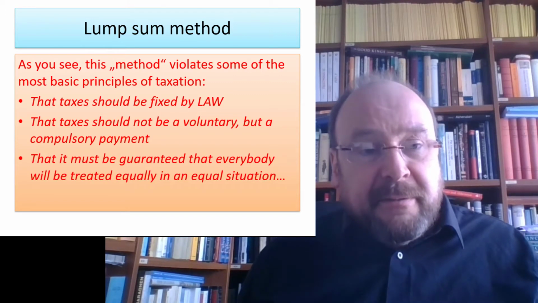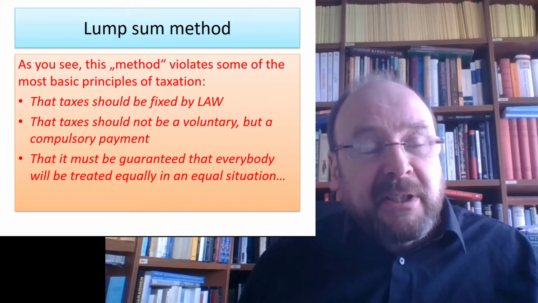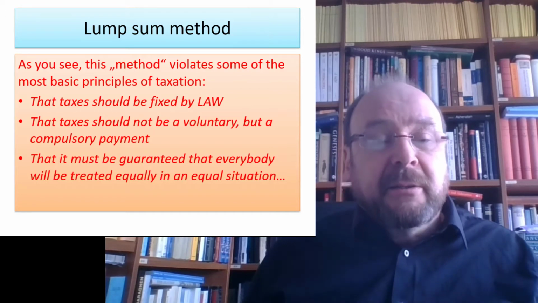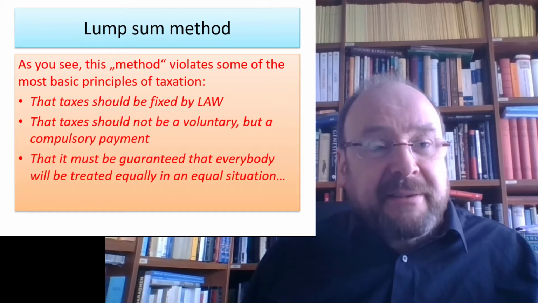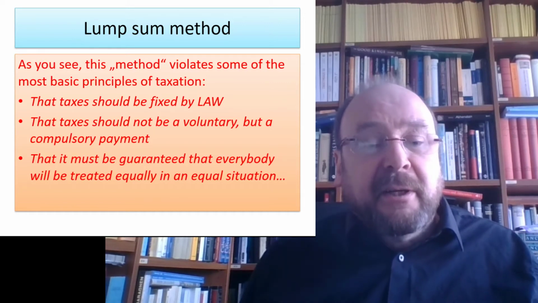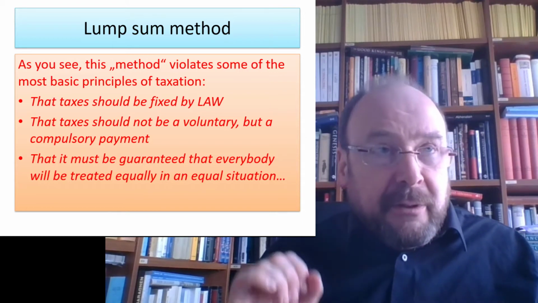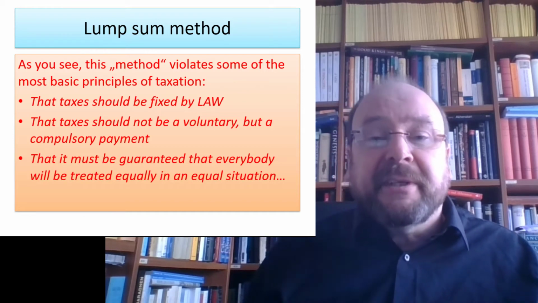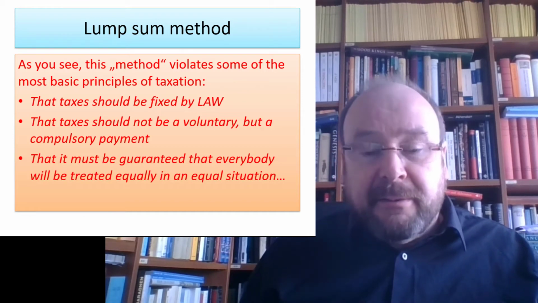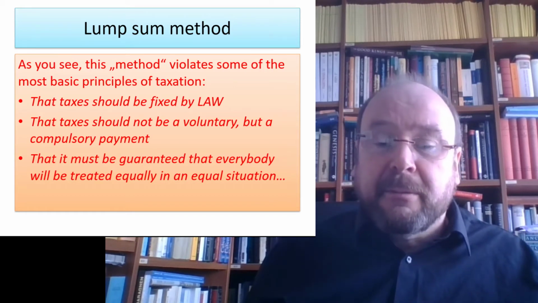And the next fundamental principle, which you remember, is equal treatment, equality of taxation. People in equal situations should be treated equally. Also, that dies a silent death, because if in the end you apply for a reduction and everybody negotiates a different reduction in his personal situation, then in the end the outcome is no longer equal for several people.